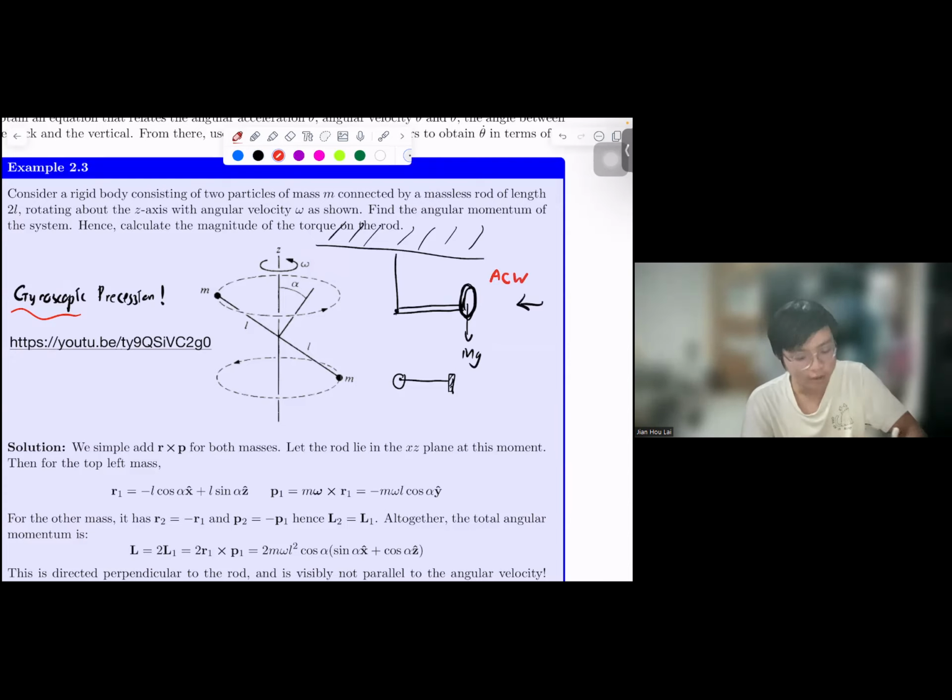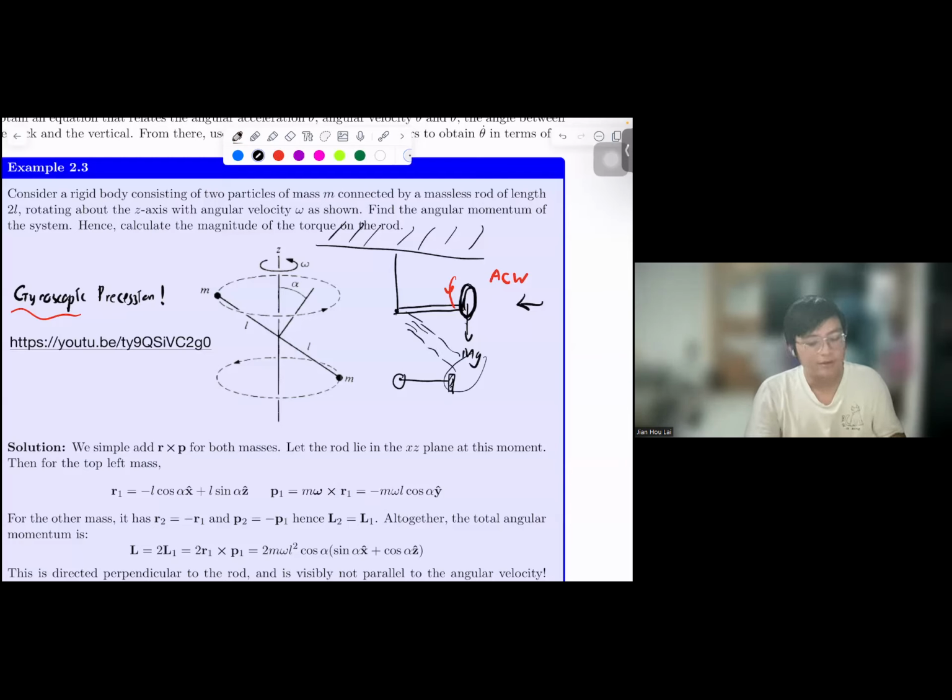When you are not rotating it, obviously, because there is a gravitational pull, the object will fall down.